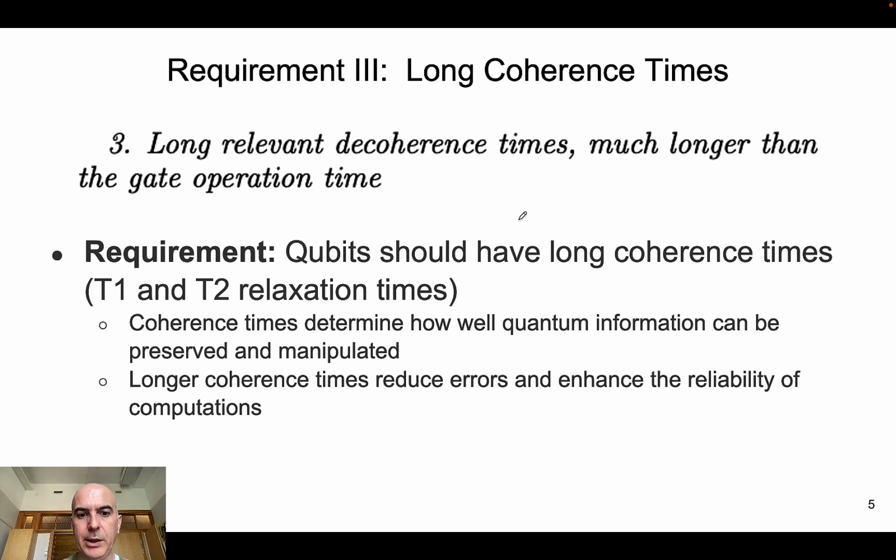So this requirement tells us that qubits should have long coherence times, what we call T1 and T2. Coherence times determine how well quantum information can be preserved and manipulated, as we saw in the previous lecture. Also, longer coherence times reduce errors and enhance the reliability of quantum computation.